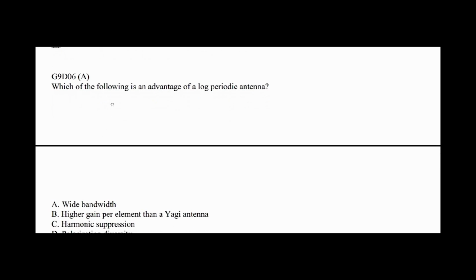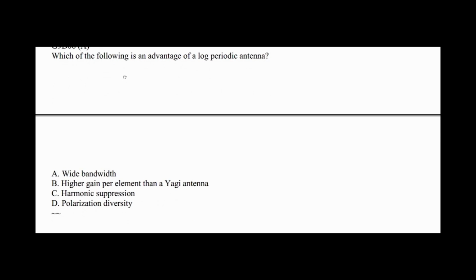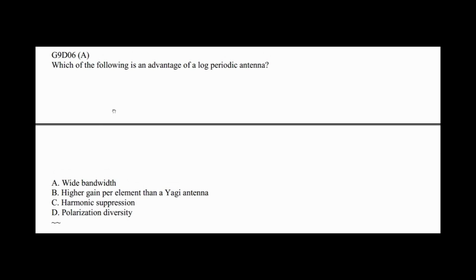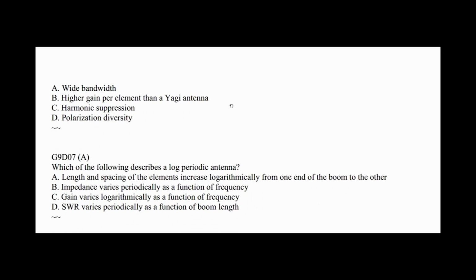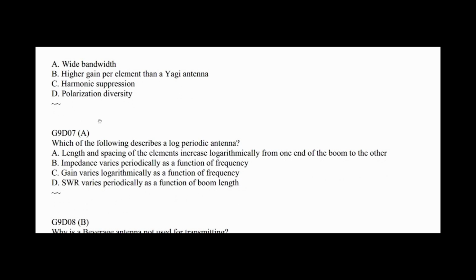G9D06. Which of the following is an advantage of a log periodic antenna? Very interesting antenna. They cover huge frequency ranges, and if you haven't seen one, take a look online. They have very short elements at the beginning and very long elements at the end. For example, they can cover from 3 to 30 megahertz.